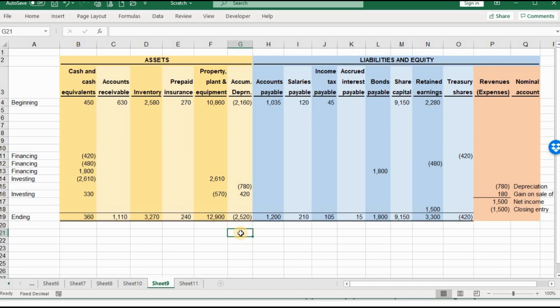Now, after we're done with the investing and financing activity, let's proceed to the operating activities. Since we are preparing the statement of cash flows under the indirect method, the cash flows from operating activities shall be presented under the indirect approach.